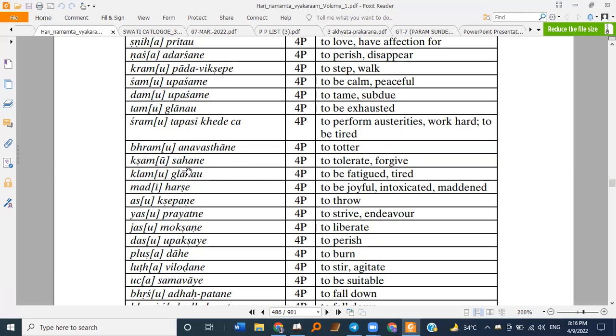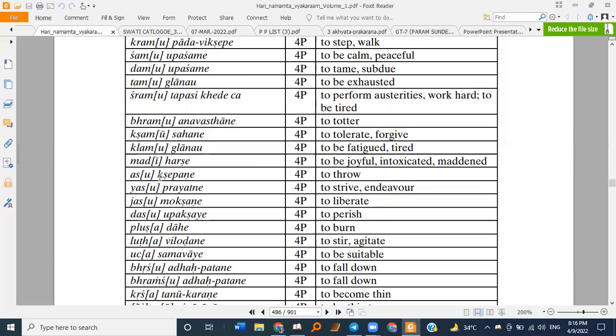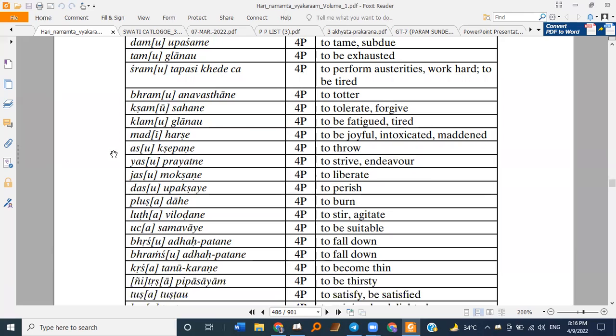Kshamu Sahane, words like Shama, Ityadi. Klamu Glanu, words like Klant, Ityadi. Madi Harshe, so Madana, Mad, Ityadi. Asukshepane, so words like Astra, and so on, come from this Asu. So Astra means which is thrown.